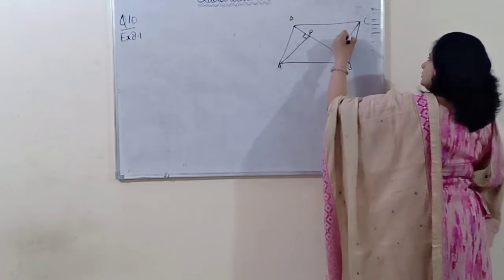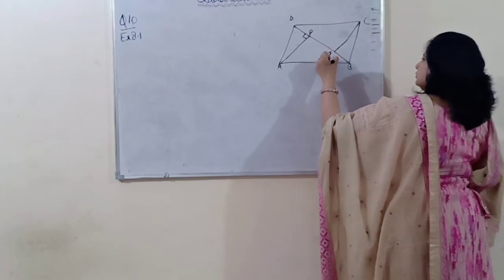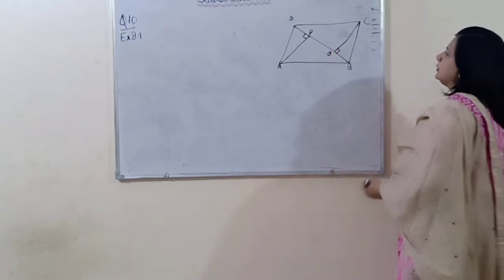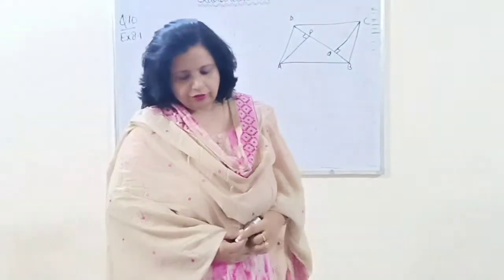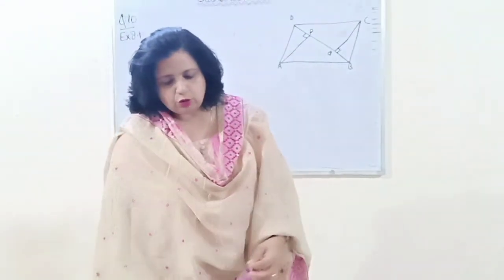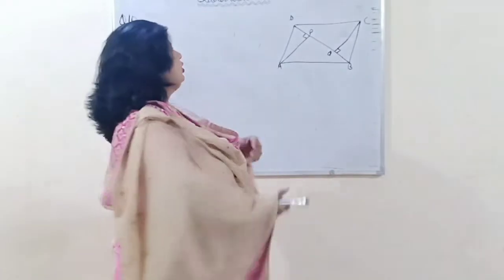Now show that triangle APB is congruent to triangle CQD.